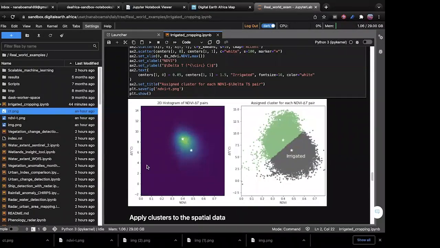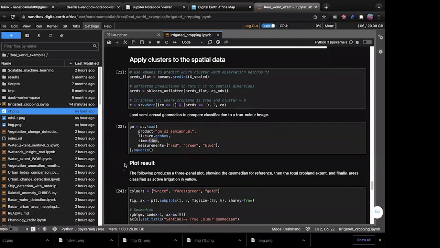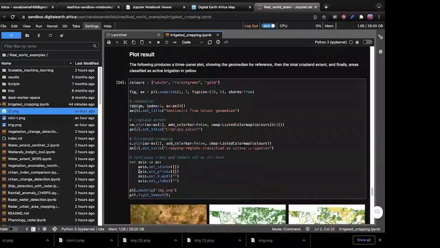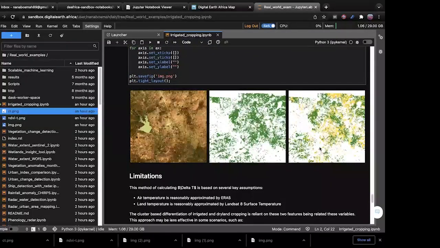It helps you get confidence in the data that you have. After that, the system will automatically plot the result for you to see. So at the end of the day, you are able to identify areas that are irrigated from the notebook. That's how the notebook works.